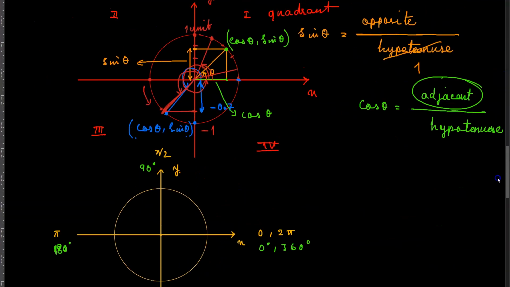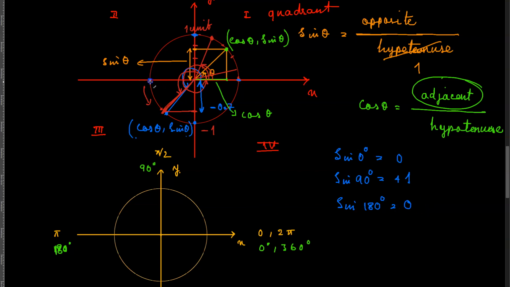Which means that for 0 degrees, of course, the height is 0, so you can say that the sine of 0 degrees is equal to 0. When you get to 90 degrees, you're over here and the height is maximum, so it's positive 1. When you get to 180 degrees, which is right here, the height has gone to 0, so the sine of 180 degrees is equal to 0.